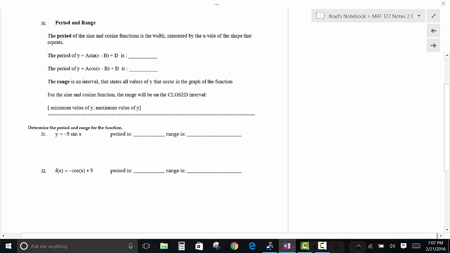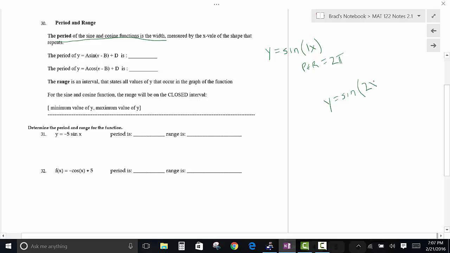Okay, so the period of the sine and cosine is its width, and that's the width that repeats its shape, like we said. So generally, if you have just y equals sine, and you have nothing in front of x, then that period is always going to be 2 pi. In the next section, we're going to change that period.